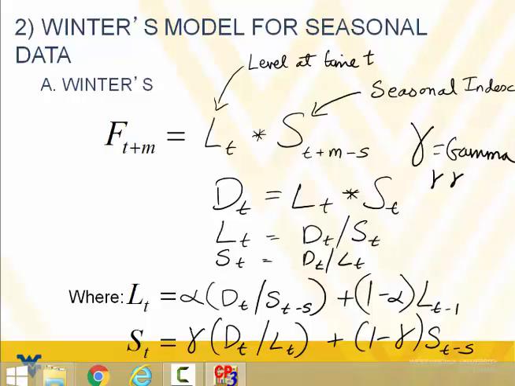So I think that's what gamma is supposed to look like, but that's my approximation of what gamma should be, lowercase. So for level, that is an alpha, but for seasonality, that's a gamma. Yeah. We're running out of Greek symbols over here. Well, we're not. We'll start running out of it when we do other stuff.